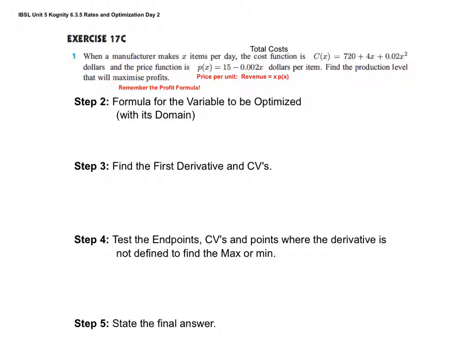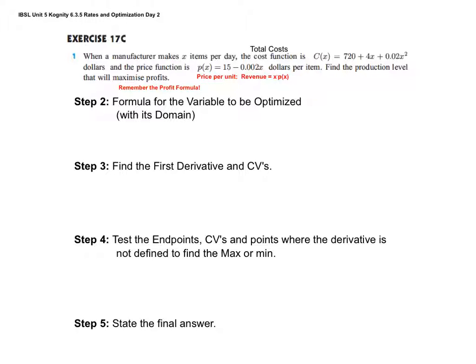So it says, find the production level that will maximize profit. So we have several things going here. How do we find profit in a company? What they make minus what they spend. Income minus the cost. Yeah, income minus cost, revenue minus expenses, money coming in minus the money coming out.